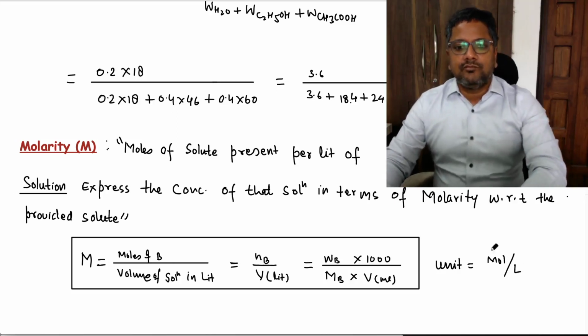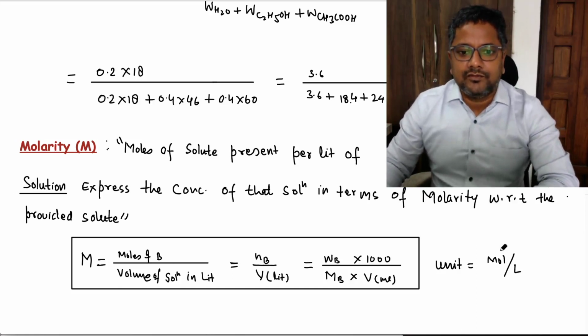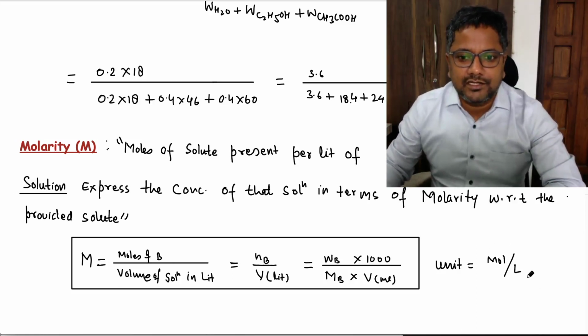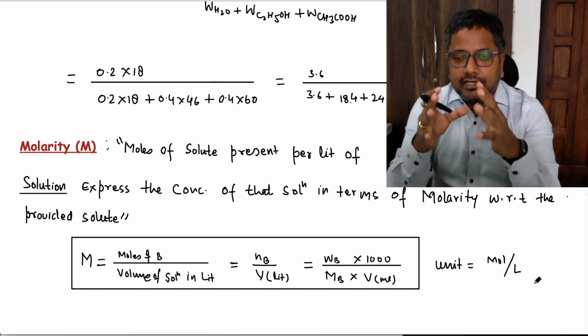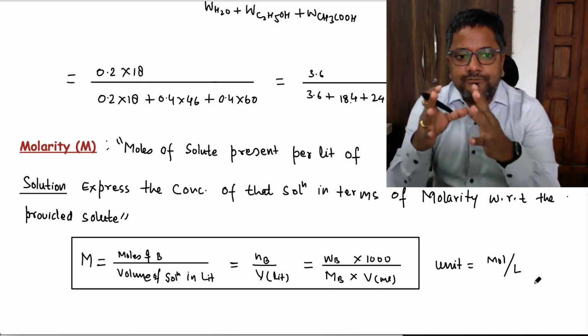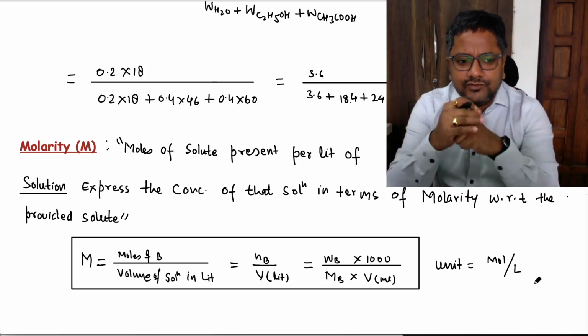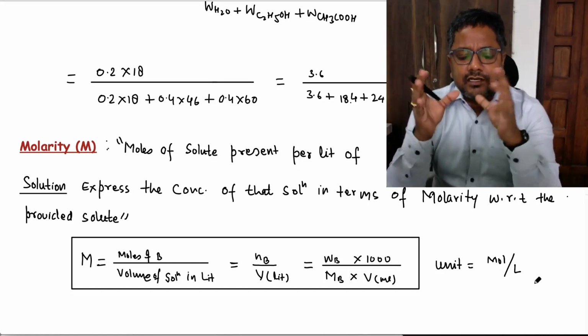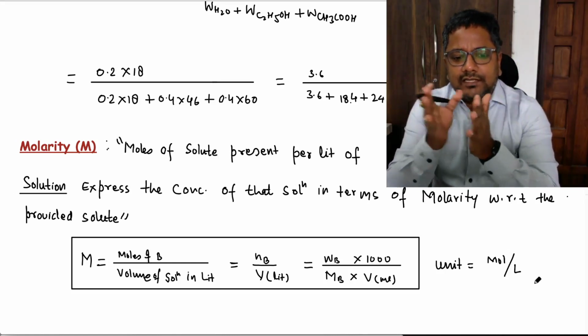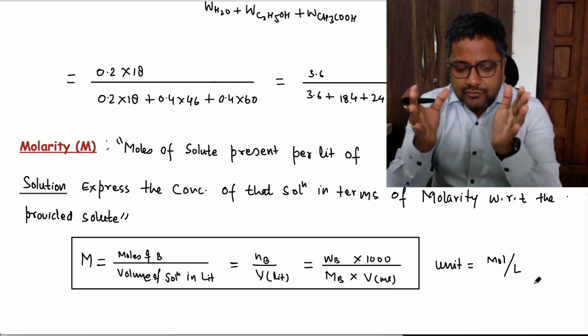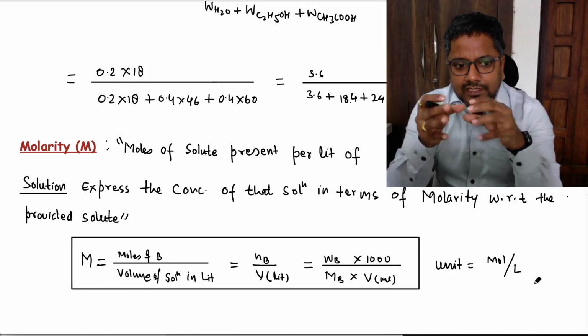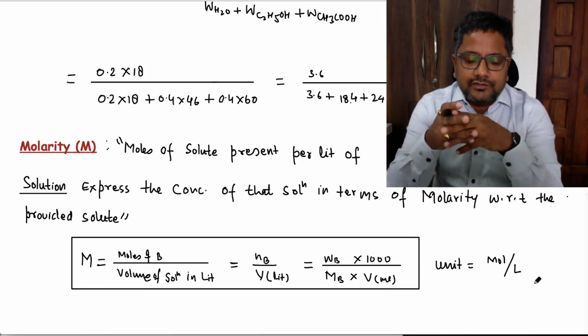See, mole is the property of solute, and liter is the property of the overall solution. Means liter we are taking here is the volume of solution. In this case, we are assuming that in this volume, solute and solvent both are contributing, right?